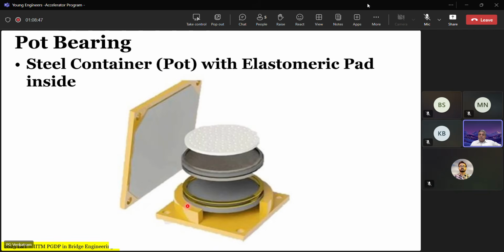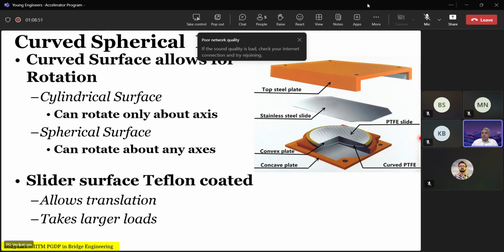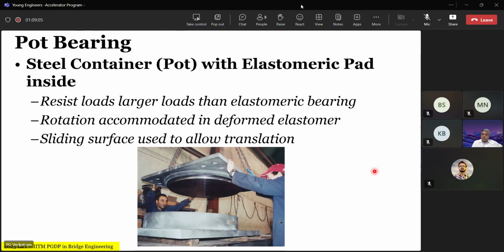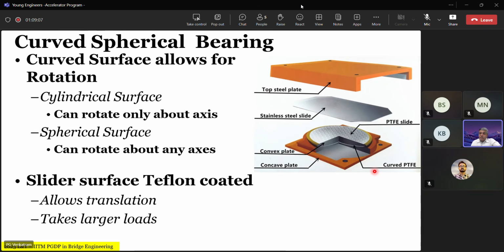We have a third type of bearing which has come about, which is called the curved spherical bearing. So you saw the elastomeric bearing, you have the pot PTFE bearing, then you have a third type of bearing called the spherical bearing. So how does the spherical bearing work? From outside, it looks like pot PTFE. If you take a look at this, they look similar, but they are not the same.